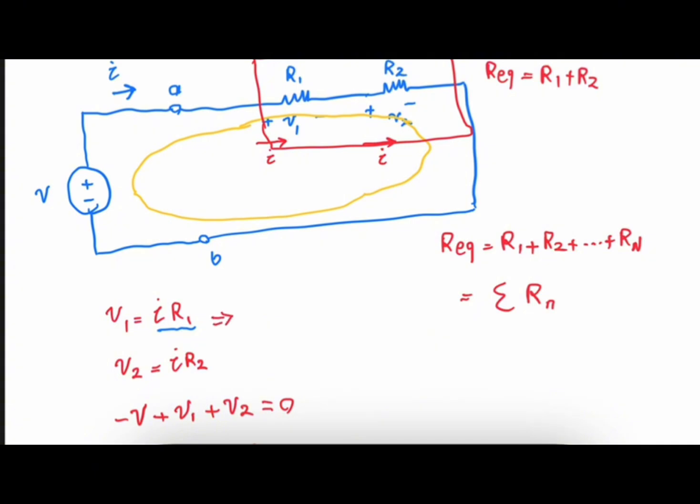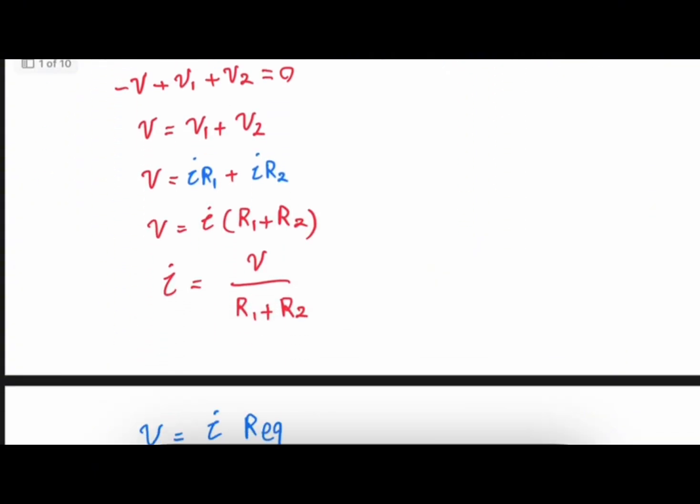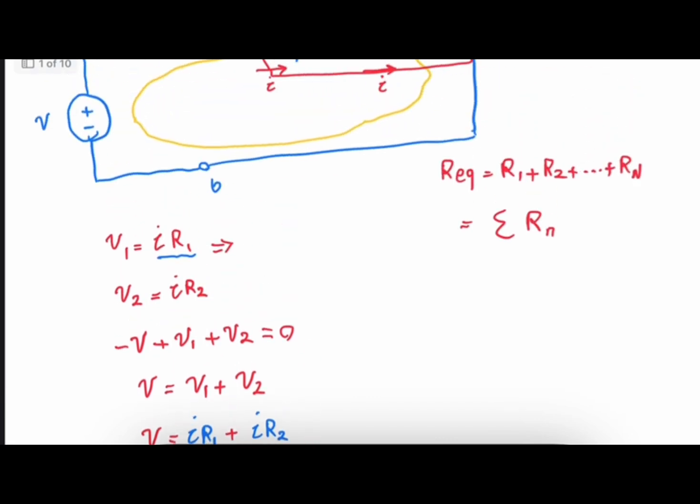We found I in terms of voltage and resistors, which was V over R1 plus R2, times R1. And what about V2? For V2, I is the same, V over R1 plus R2, times R2.